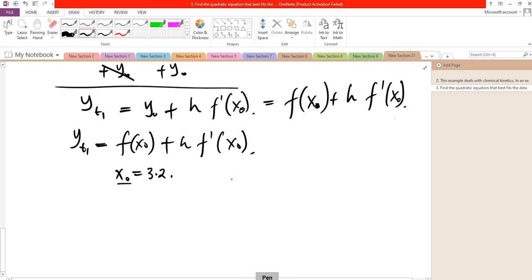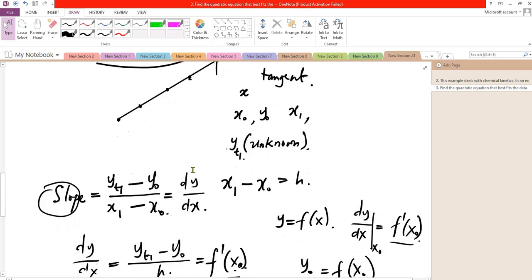Now which is this, so we're just saying the first derivative function of x at x0 equal to 3.2 is equal to the first derivative function of x subscript 0.